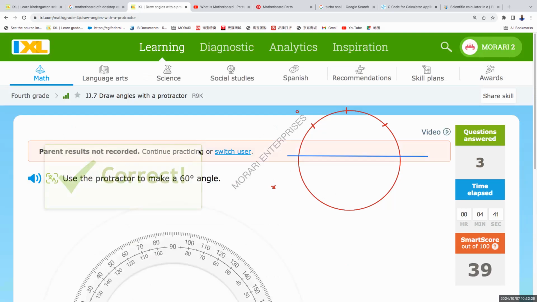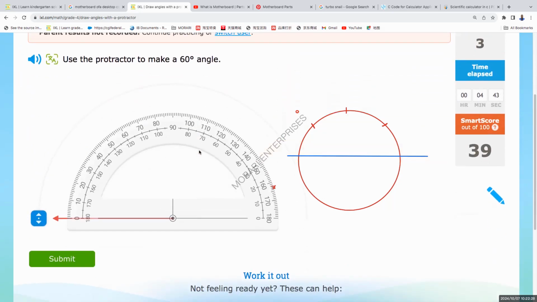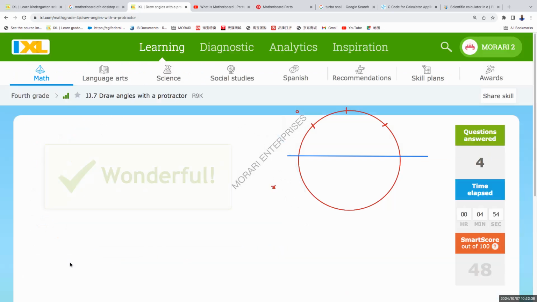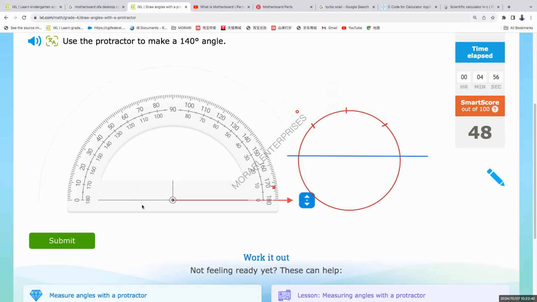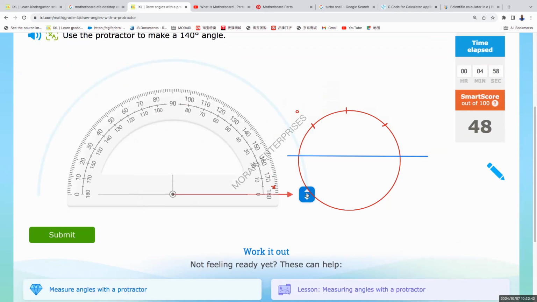Yes, but if they had something like 62, then we can actually move. Now they start from this other side, you see? So from this other side, 60 is the outer. You're using the outer one now. Yes. So from then you go back to this other side, 140, the inner one.